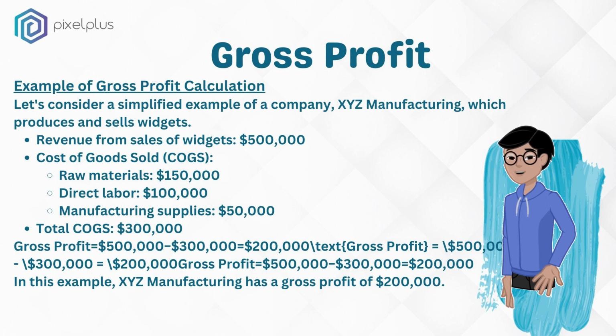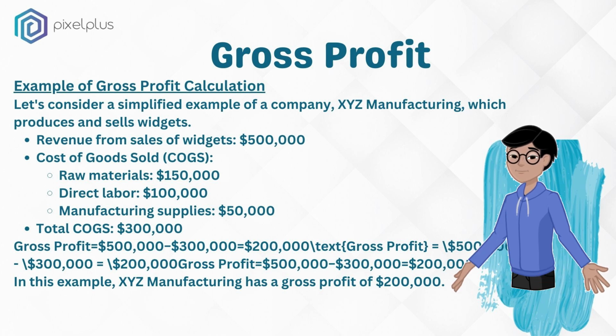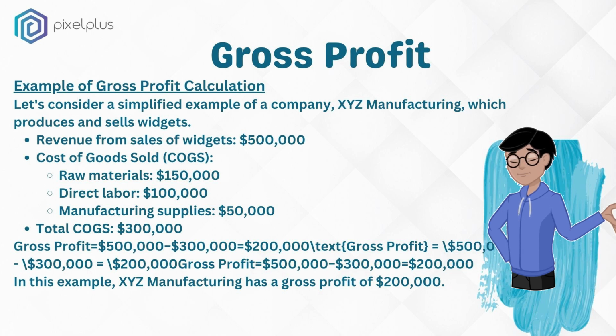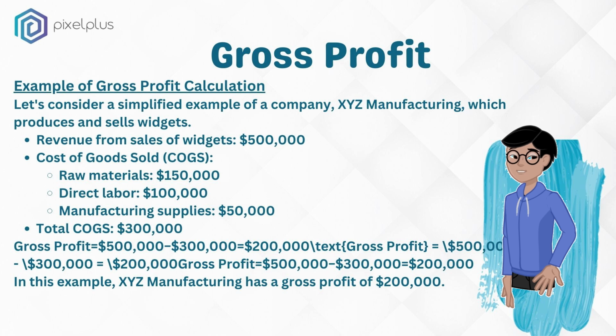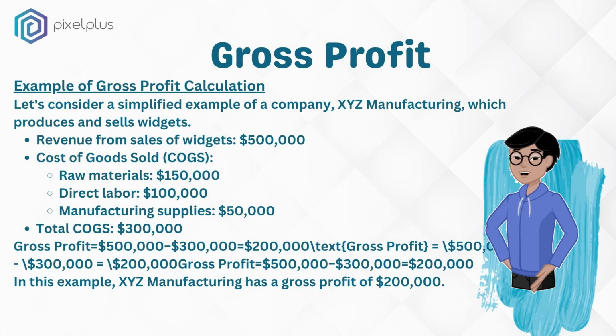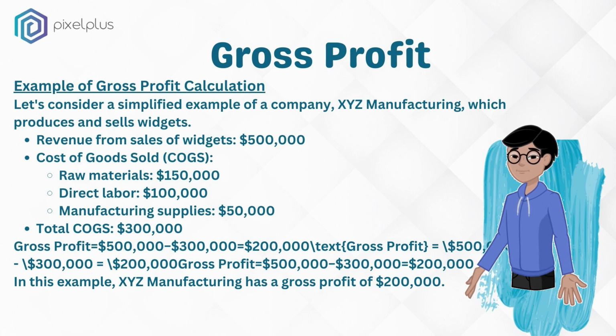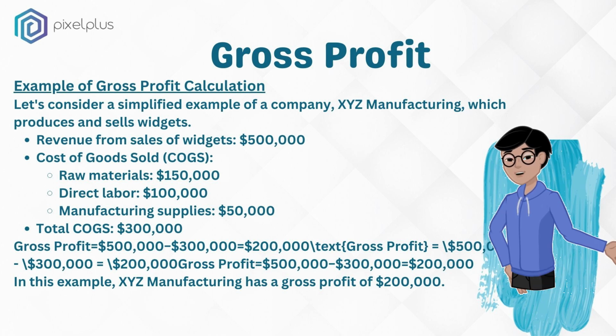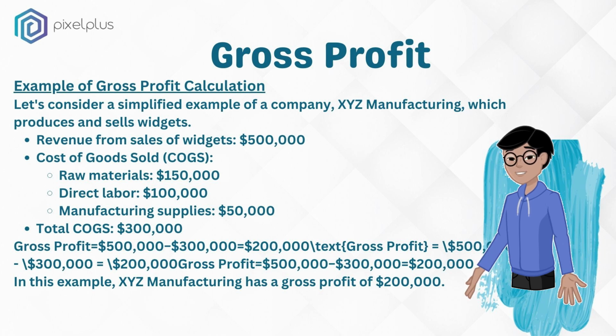You get labor of 100,000. You get manufacturing supplies or overheads of 50,000. So the total cost of goods sold is 300,000. How will we get the gross profit? From 500,000, we will deduct this 300,000, and we will get 200,000. This 200,000 is the amount of our gross profit.